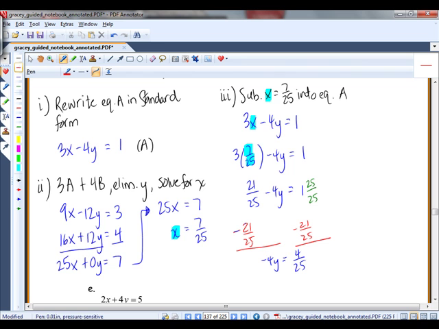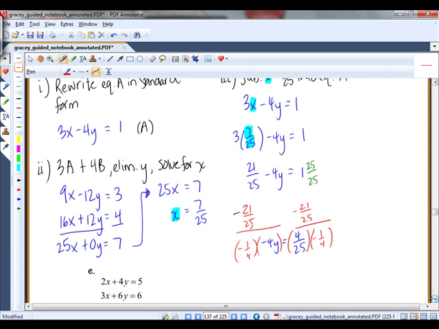And then if I multiply both sides by negative 1/4, I will get a result of y is equal to, the 4's divide out, and don't forget about that negative there, negative 1/25.